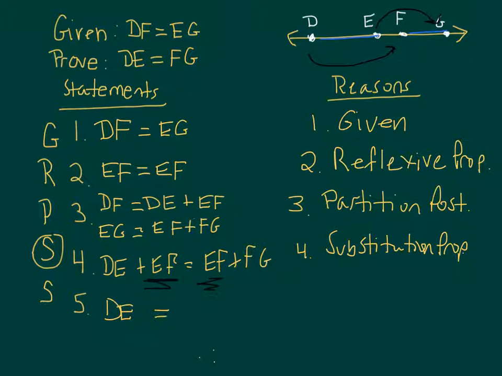DE equals FG by subtraction. We're basically subtracting out these pieces. So by the subtraction property, we've proven that DE is equal to FG. Done.